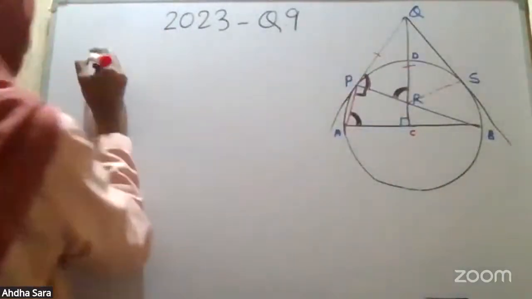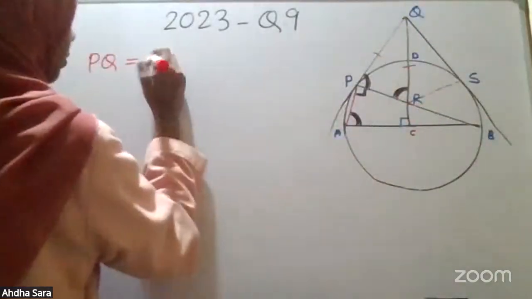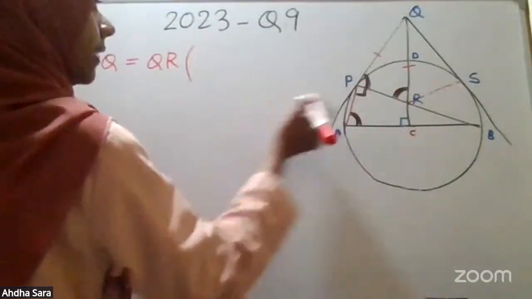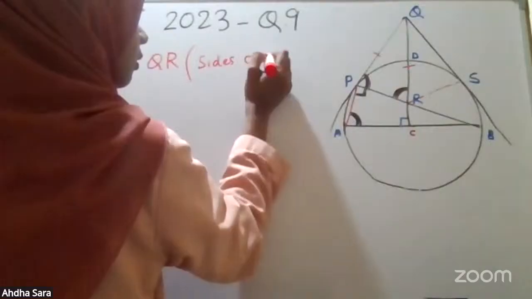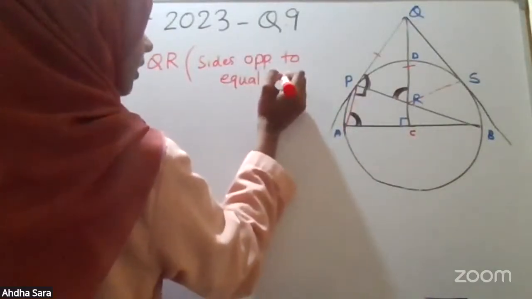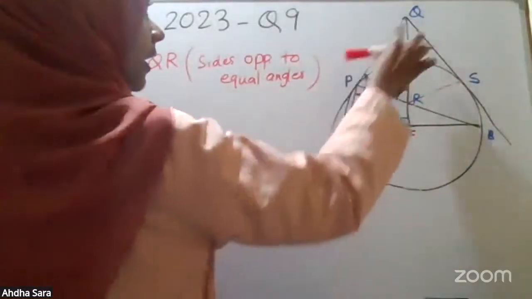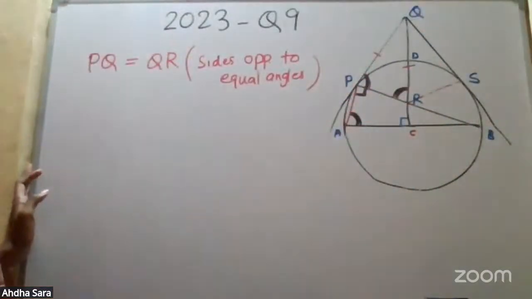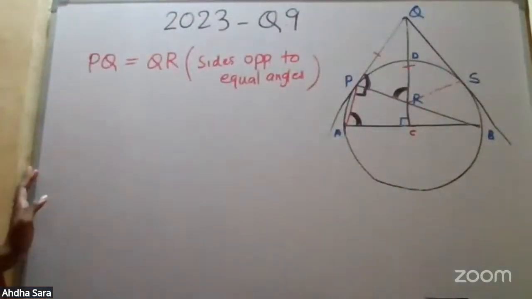The side PQ will be equal to the side QR because the sides opposite to equal angles are equal. Or else you can say PQR is an isosceles triangle. Therefore, the sides PQ and QR are equal.